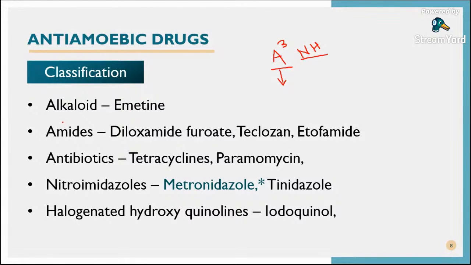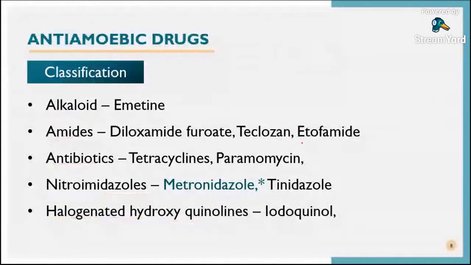So first A is for alkaloids, second A is for amides, third A is for antibiotics, N for nitroimidazoles, and H for halogenated hydroxyquinolines. Okay, so you can remember the classification by applying some shortcuts. These tricks are very useful to remember a large number of classifications within a very short time. This is one of the smart ways to remember the classifications.